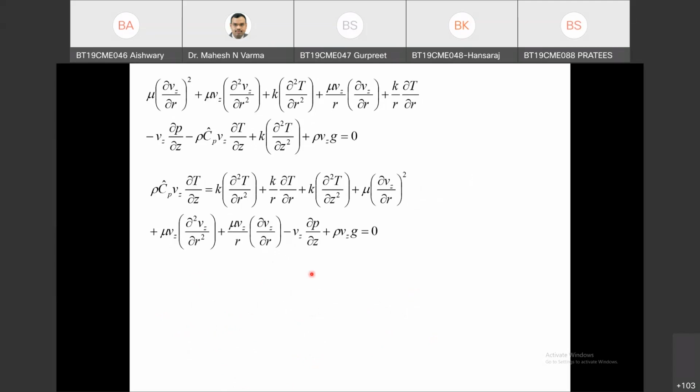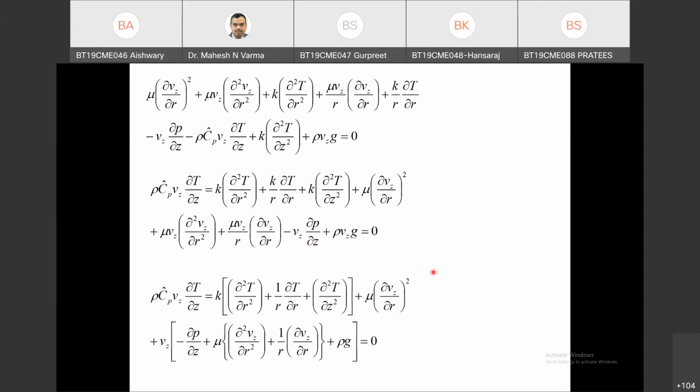This is both CpT, taken to LHS. This is thermal conductivity having two terms. This is a viscosity term, this is also viscosity, this is also viscosity. This Vz you can take as common Vz, and rearrange the equation. So this is the equation you were told to derive.